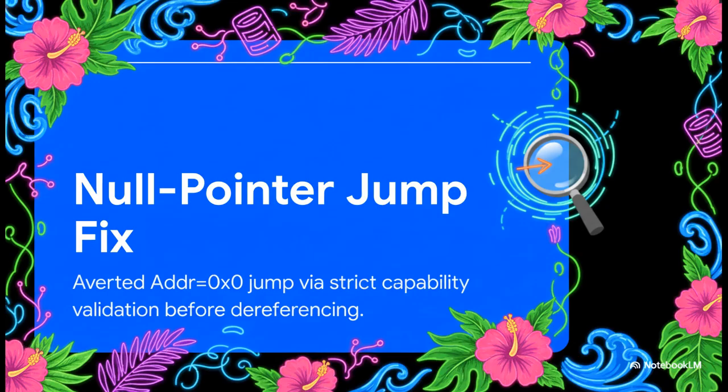Oh, and while we were in there, we killed a nasty ABI hazard. We stopped using RAX 0 as a vague no-message flag and moved to a strictly typed PDX message struct where type ID equals 0x0 is explicitly invalid. Those ghost crashes? Completely gone.